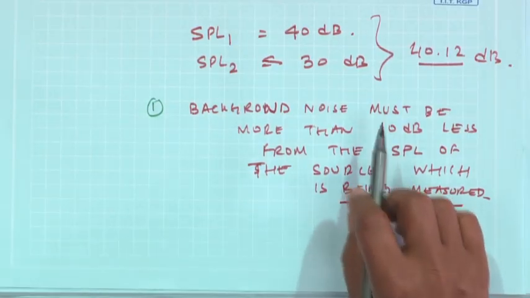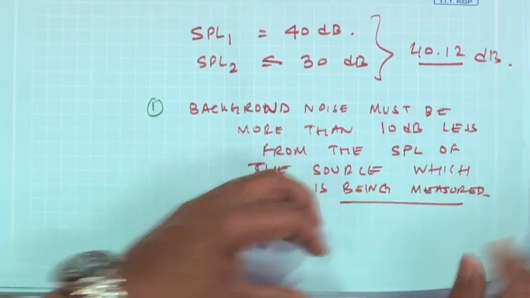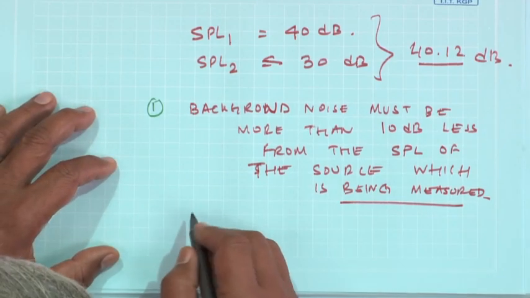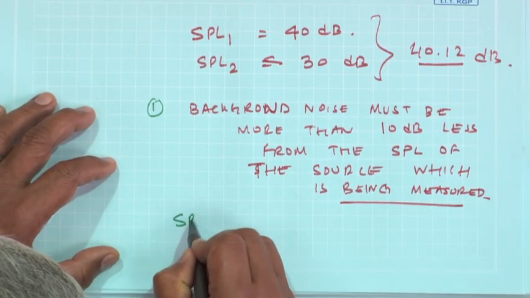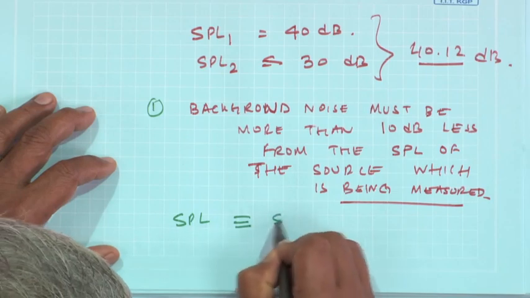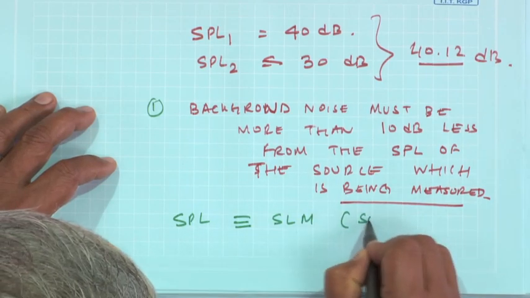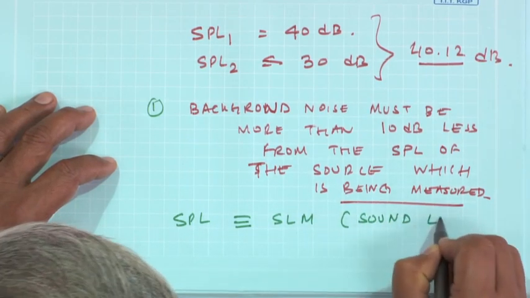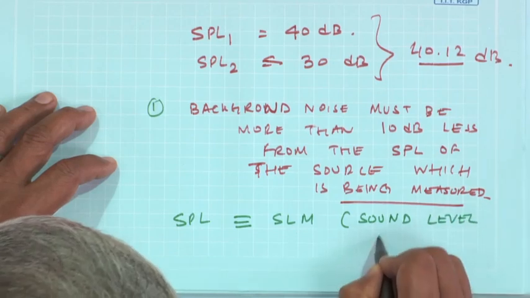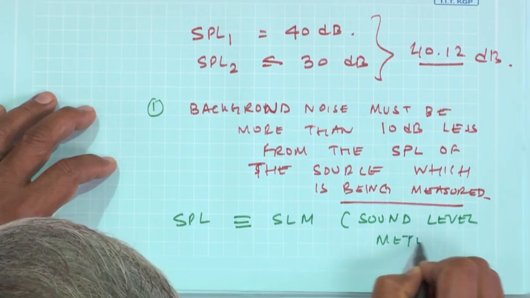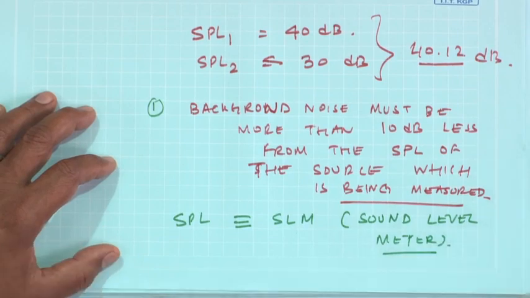Okay. So this is one thing one has to be very, very careful about while measuring SPL. By the way, just to let you know, SPL is measured with an instrument known as an SLM, that is, a sound level meter.